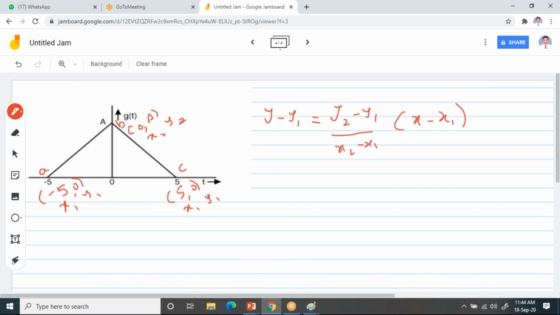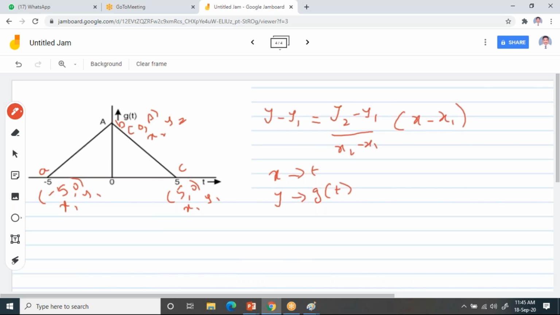Here y and x are the axes. That means here I have the x-axis, which is x, and here I have the y-axis, which is y. But for the given problem, my y is nothing but g of t, and my x is t. So I can write x as t and y as g of t.